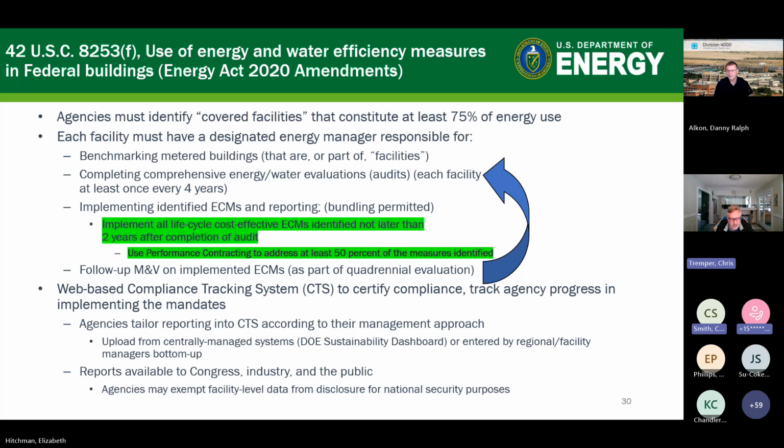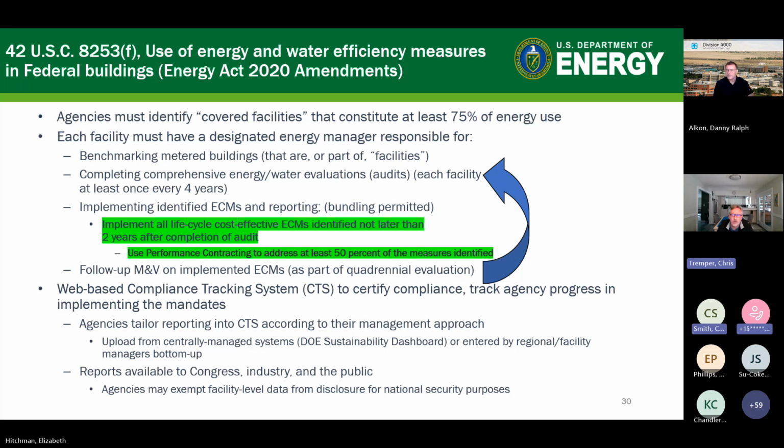Moving back up the slide here, the highlighted text indicates some of the amendments that came out of the Energy Act of 2020. Formerly, when the legislation was first put in place, there was not a requirement for energy managers to implement those measures that they identified. The language stated that energy managers may implement within 2 years the identified measures in their facilities.